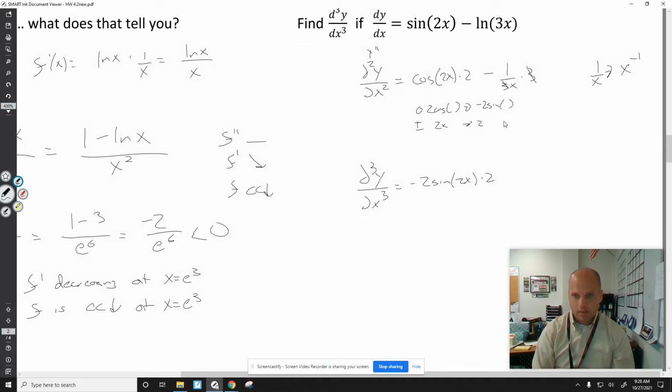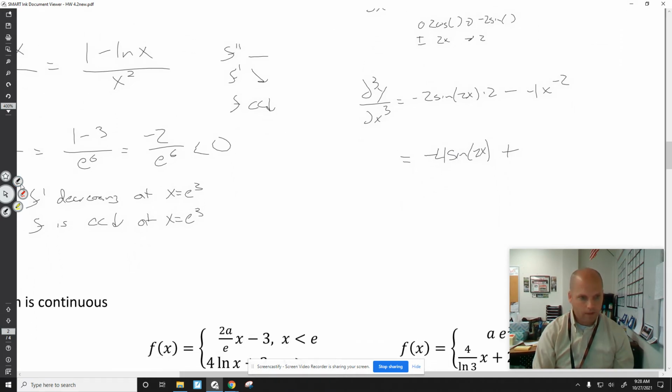I had a minus here, so minus the derivative of x to the negative first, which would be negative 1 x to the negative second. I'm going to simplify this a little bit. The 2's can be multiplied together. And here the minus a negative turns into plus a positive. And then the x to the negative second turns into 1 over x squared. Okay, so this is my third derivative.